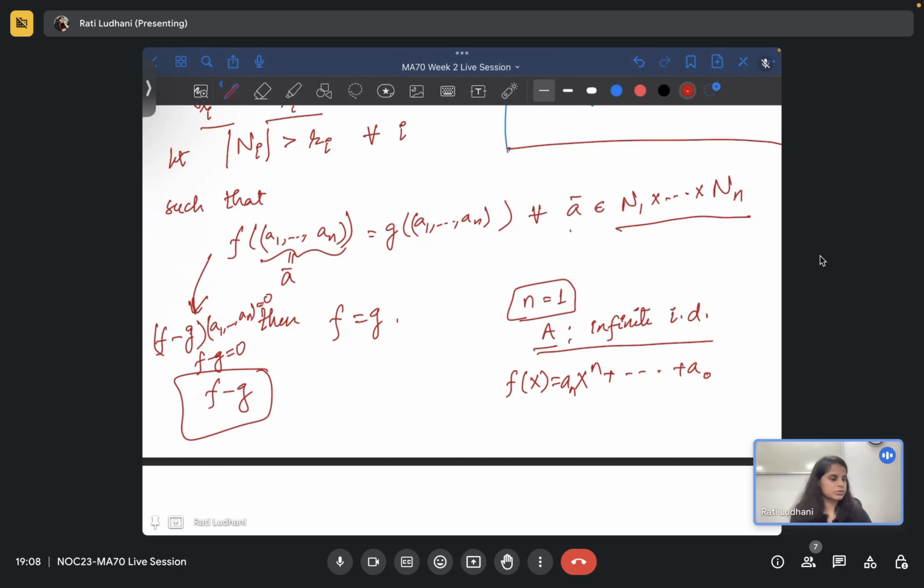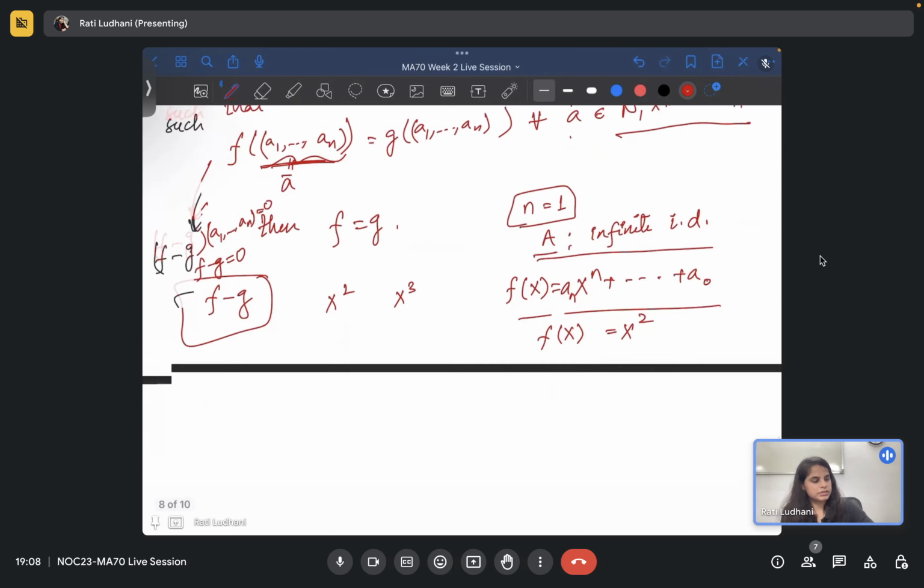Let's say f is x square and g is x cube. So what does the identity theorem say? You cannot fix those things; you have to find these ai also.